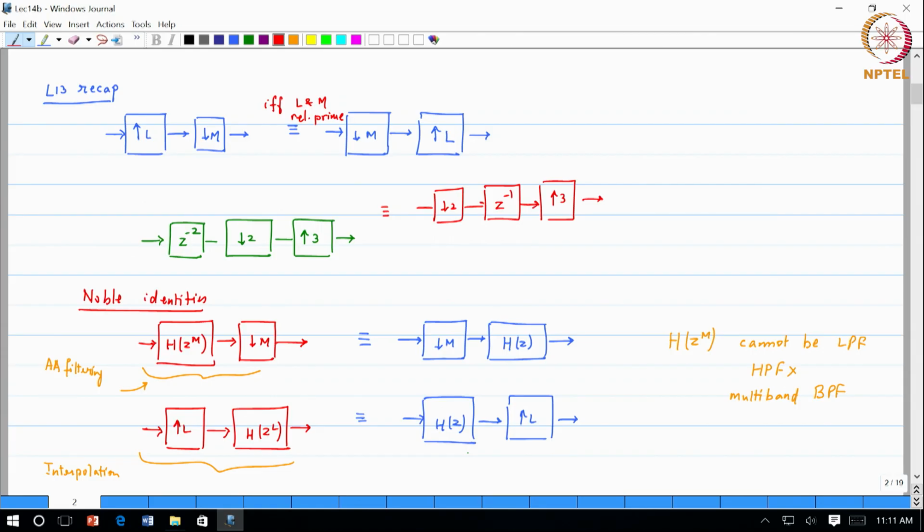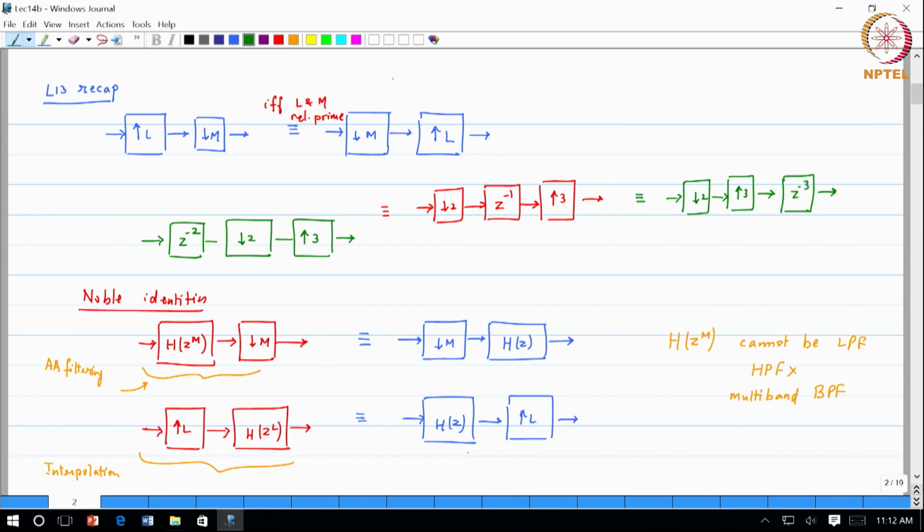Can you shift the delay to the right of this? So, if I want to have the Z inverse followed by the upsampling, and I want to move the delay to the right of the upsampling, it will become downsampling by a factor of 2, upsampling by a factor of 3, and this becomes Z power minus 3.